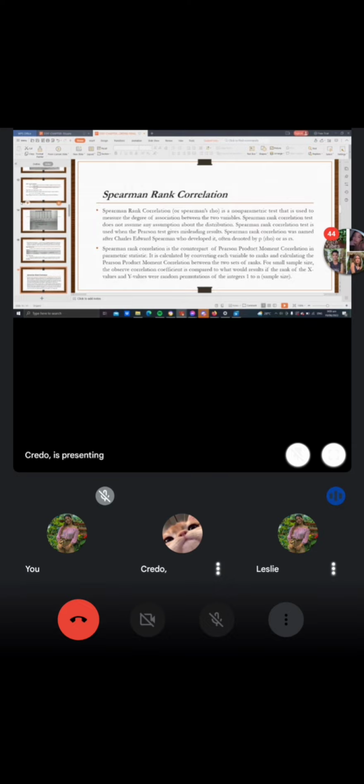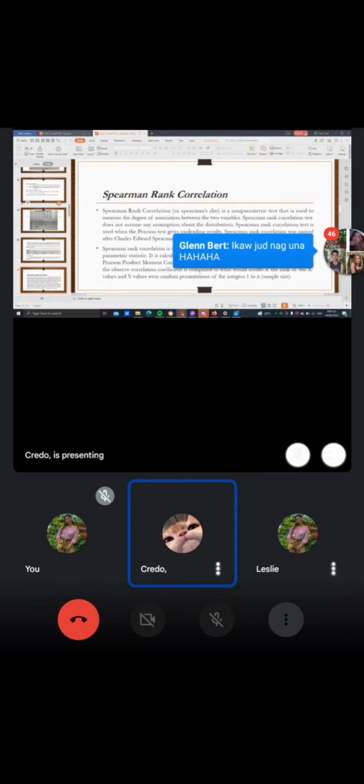Spearman rank correlation was named after Charles Edward Spearman, who developed it, often denoted by rho or as rs.